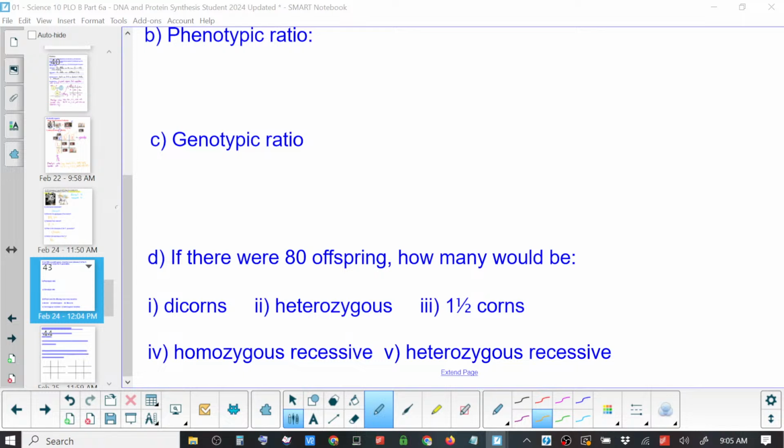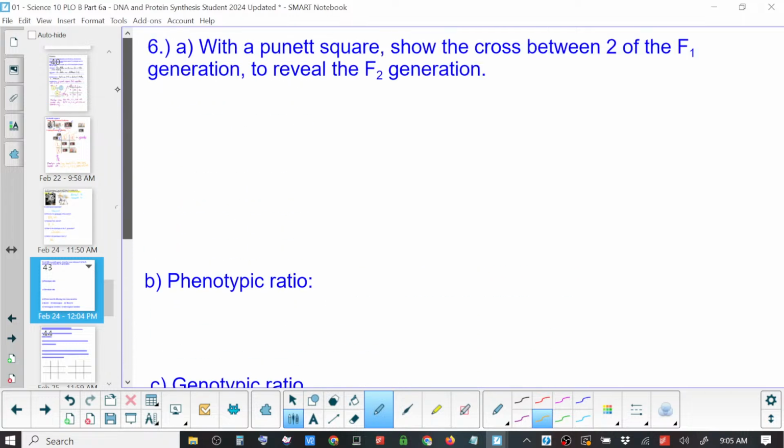Do that in your group. No, heterozygous is different from homozygous.